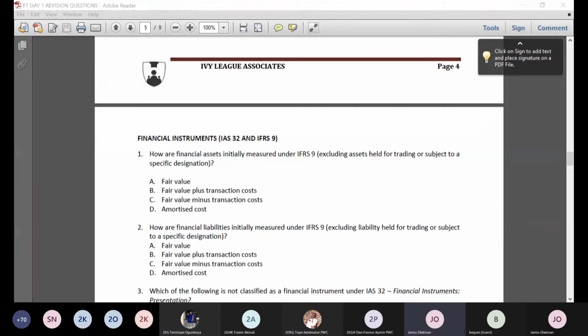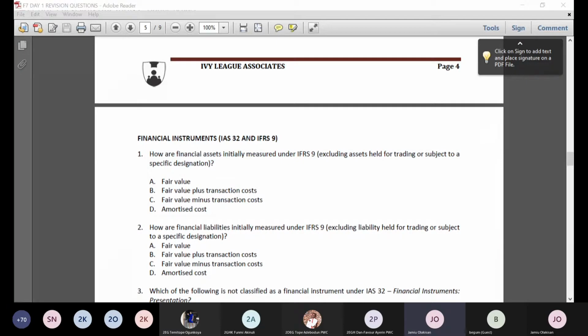Aside from that, they talked to you about initial measurement, and they must have told you that how you measure a financial asset initially depends on how it will be measured subsequently.